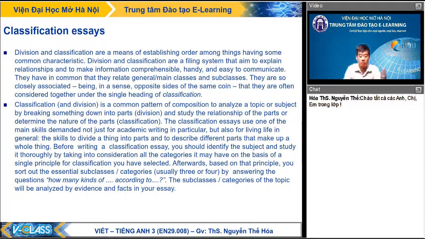They have in common that they relate general domain classes or subclasses. They are so closely associated, being on opposite sides of the same coin, that they are often considered together under the single heading of classification.